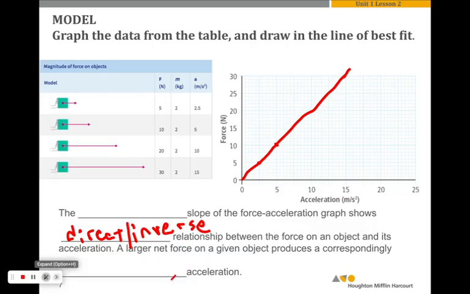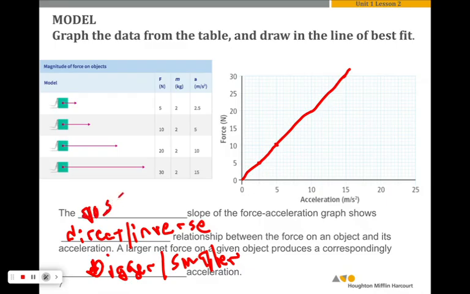A larger net force on a given object produces a correspondingly bigger or smaller acceleration. Let's put bigger or smaller. And this should be positive or negative.